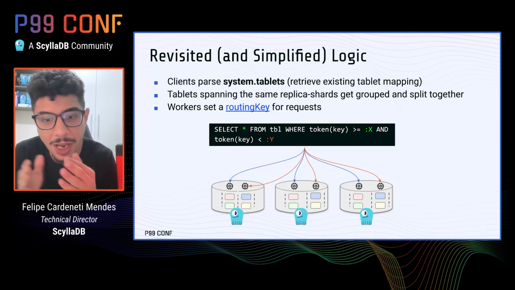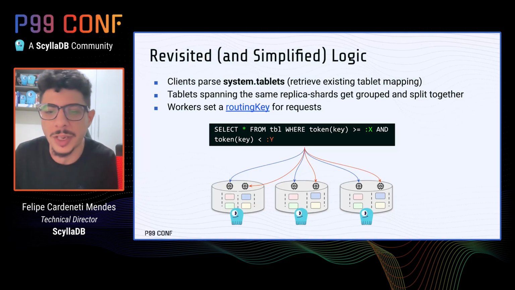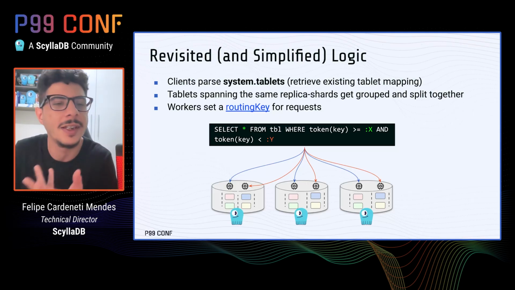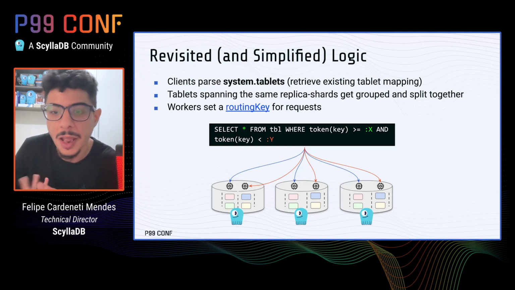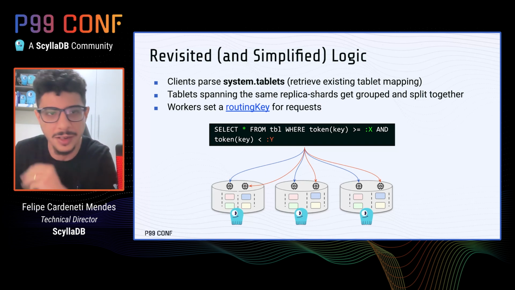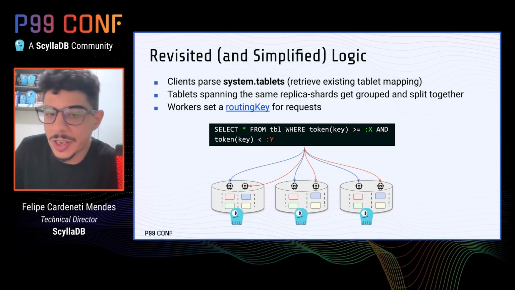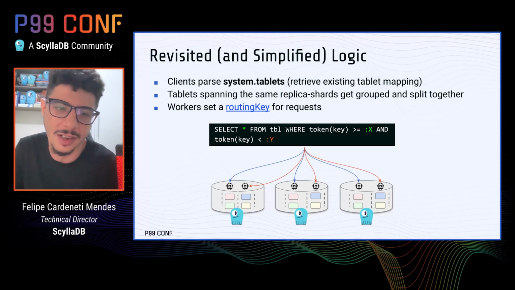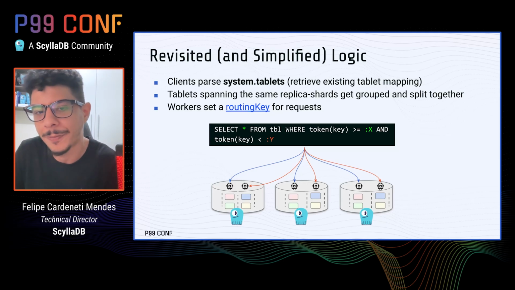Lastly, to ensure clients properly route the requests to the correct CPU, a routing key is set on every request, allowing the underlying ScyllaDB shard-aware drivers to route it to the correct CPU. The result is a full scan that remains shard local and fully maximizes the cluster processing power.